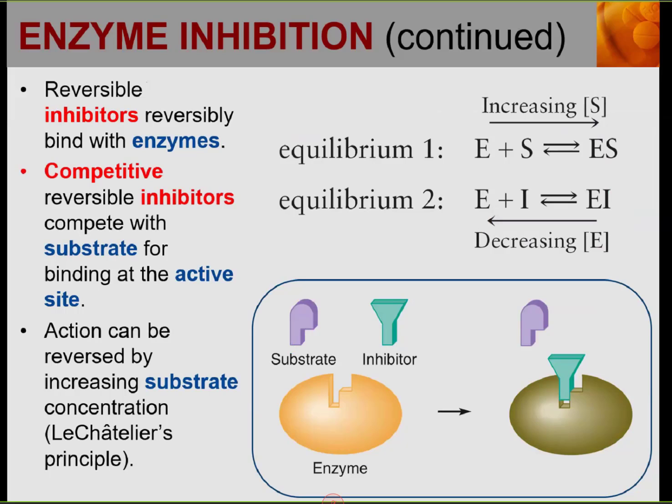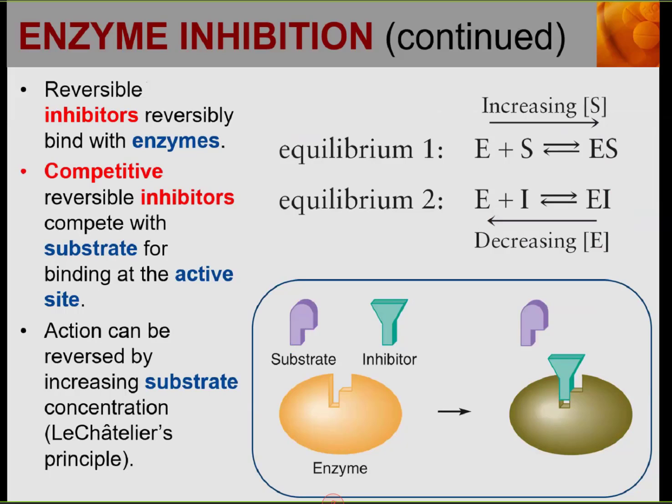So the reaction you want to see is the top one, equilibrium 1, where you make an enzyme substrate complex. What you don't want to see is the enzyme inhibitor complex. So by increasing the concentration of the substrate, you drive the top reaction to the right. But to go to the right, you not only need substrate, you need enzyme.